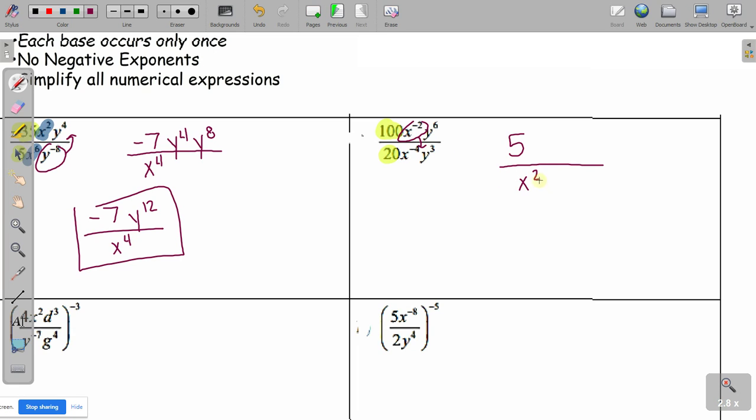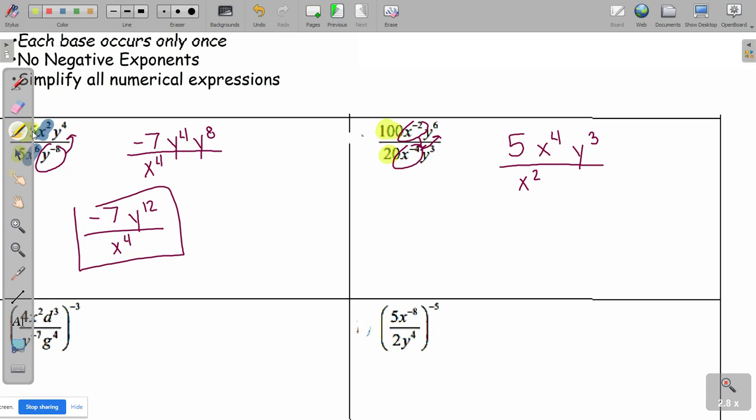Becomes a positive second. We have x to the negative 4th. That goes to the top. So x to the positive 4th. And then y to the 6th divided by y to the 3rd. Subtract 6 minus 3 is 3. So we get y to the 3rd.